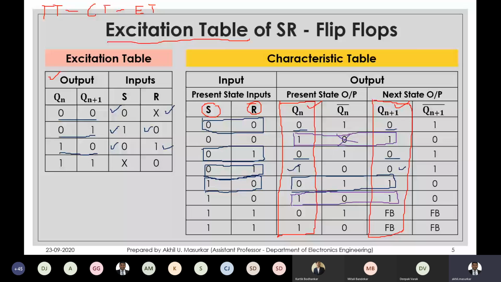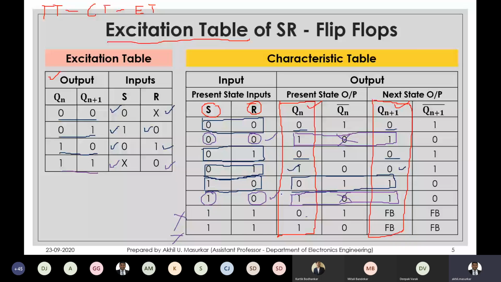Now if you look at S and R here, you can see R is always 0, but S can be either 0 or 1. That is why I wrote don't care here. And you really cannot say what is 0 and forbidden, so we discard this condition.